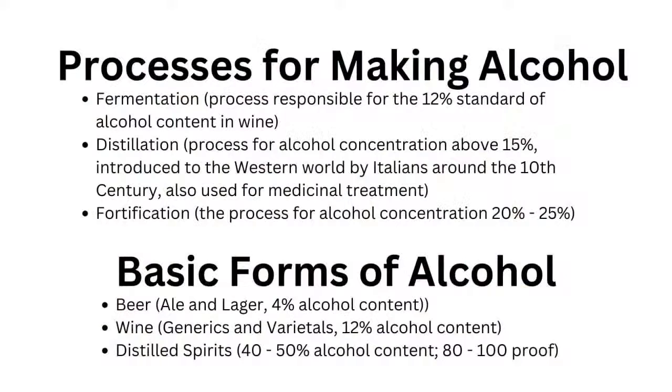Before prohibition, there was the temperance movement. What the temperance movement said is that distilled spirits in particular were causing the problems. Remember, if we look at the chart again, distilled spirits have the higher alcohol concentration, right? This is where you get into your 80, 90, 100 proof liquor. So this is what they had a problem with specifically.